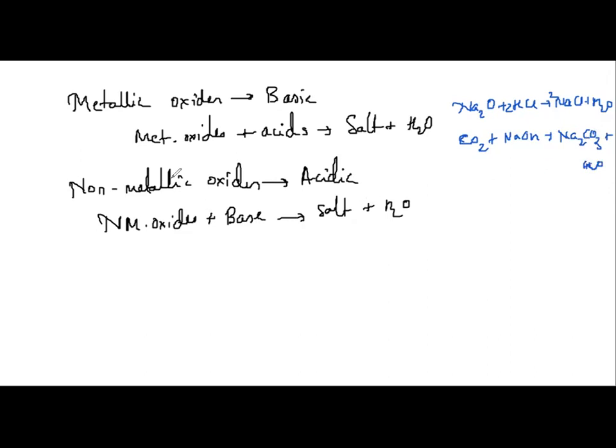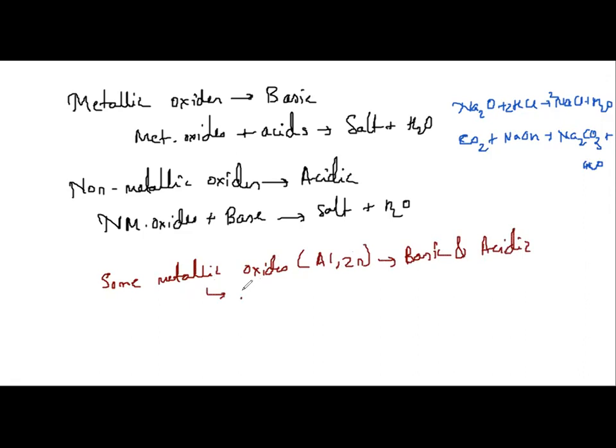Understood? But there are some metallic oxides, say oxides of aluminium, zinc and so on, which are both basic and acidic. That means they react with acids as well as bases.